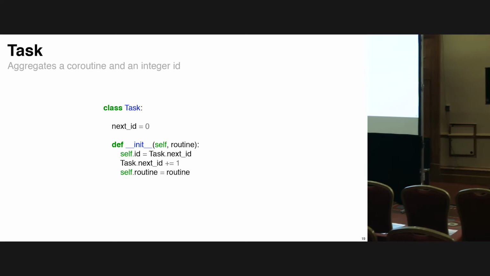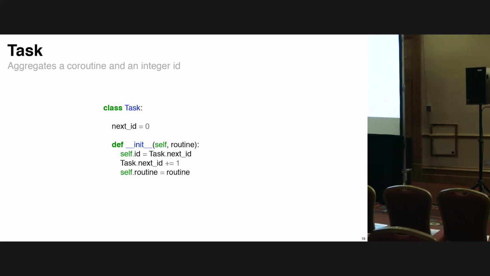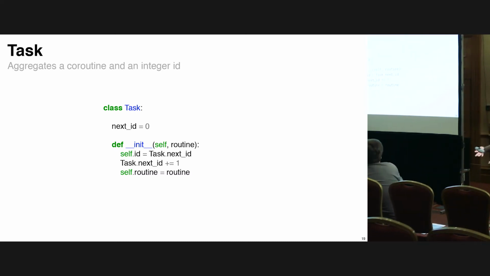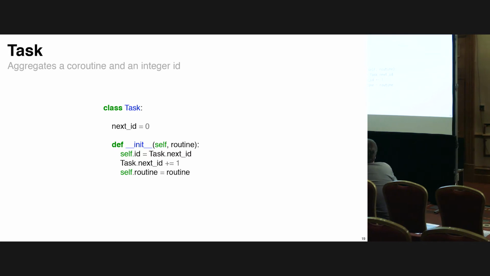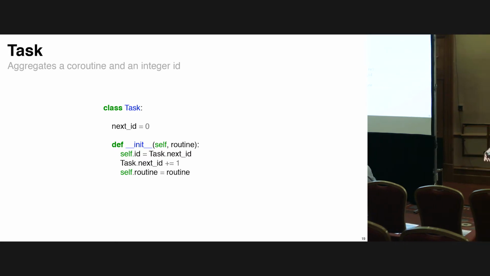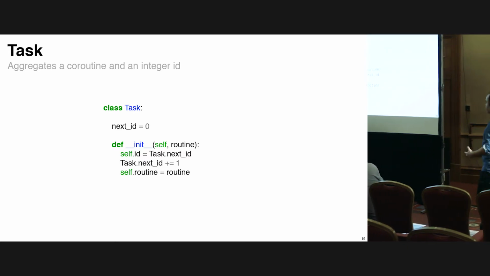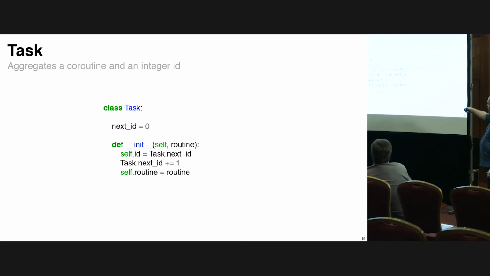Okay, so the next level of sophistication here is to, rather than dealing with these generator objects, which are just iterators, make them a little bit more pleasant to deal with by wrapping them up in a task. And a task is a very simple thing. It accepts a coroutine, essentially a generator, and we give each task a unique ID.